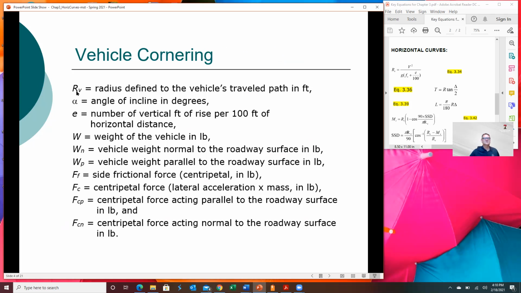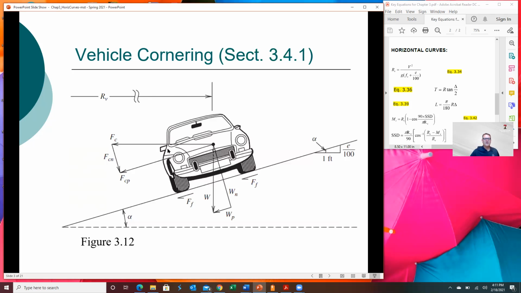R sub V is the radius defined to the vehicle's traveled path. So let me go back here. R sub V right here is the radius of the horizontal curve, but it goes to the vehicle itself, where the vehicle is driving. R, just the radius of a curve, refers to the center line of the road.